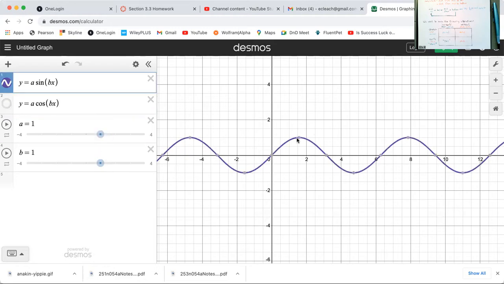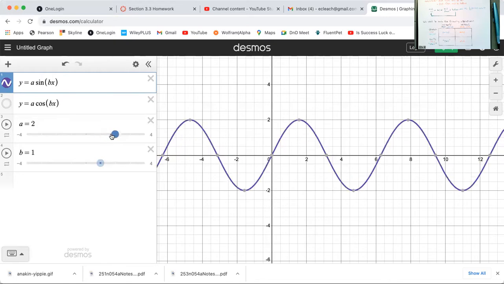So here the middle is at 0, the top is at 1, and the bottom is at -1. So there are our 5 points in one cycle. If I change the value of A to 2, notice that all that's changed is the vertical.